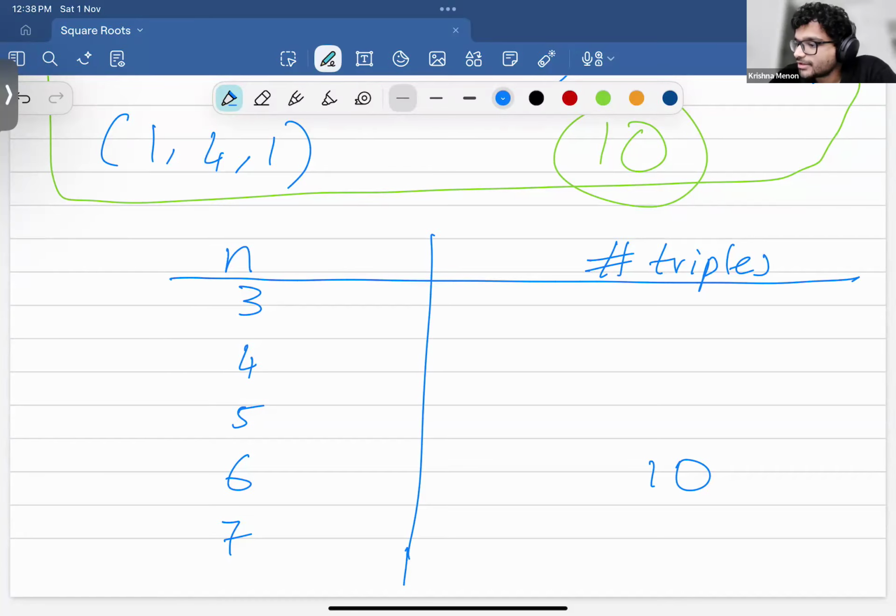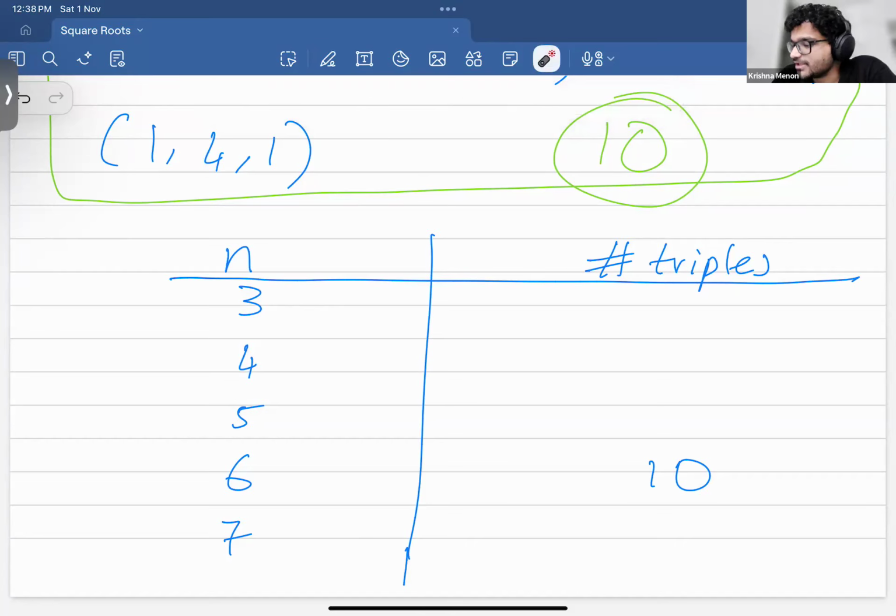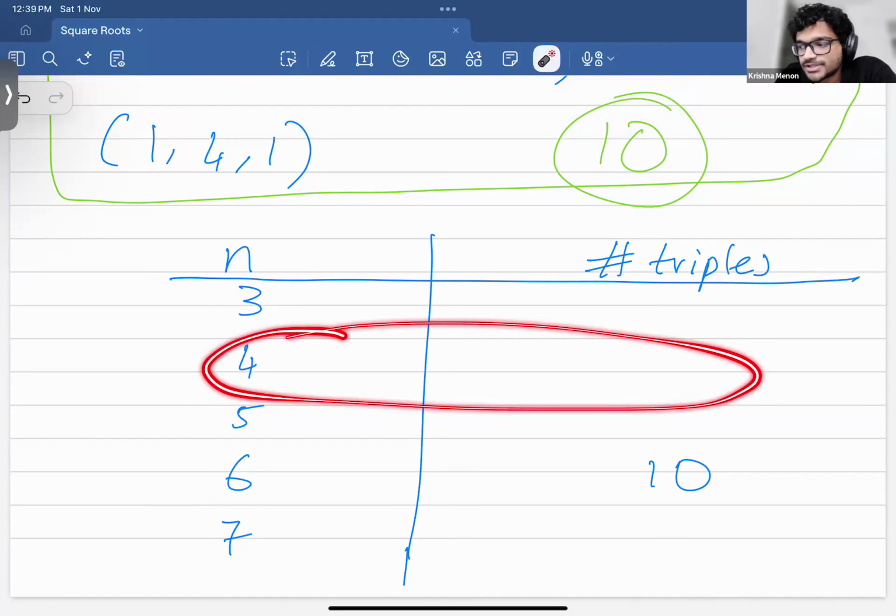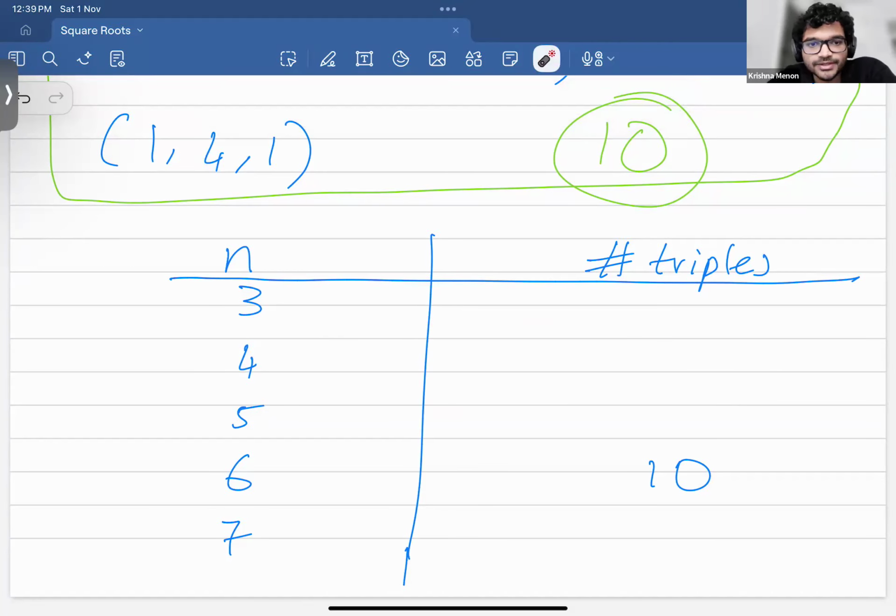So what I want you to try now and see is for these different numbers, let's say for 4, how many triples of natural numbers are there with sum equal to 4? Similarly for 5, 3, 7, and so on.